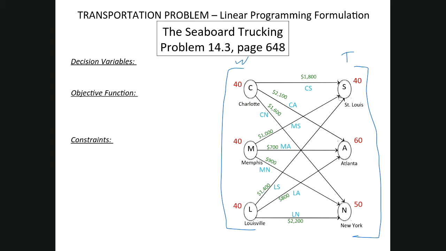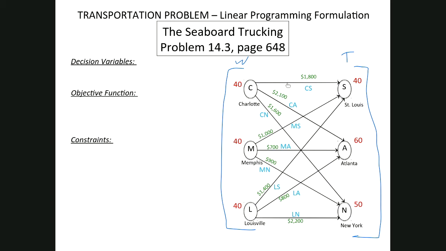Okay. So now the decision variable becomes, and if we were in class together, we would spend some time talking about this. But what I want you to realize is each one of these arrows throughout this network represents a decision variable.